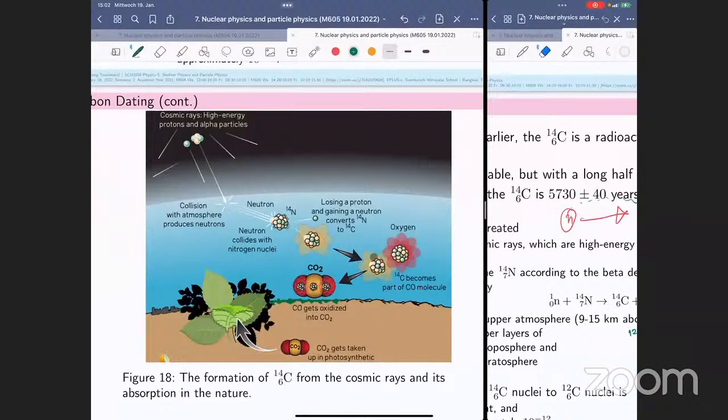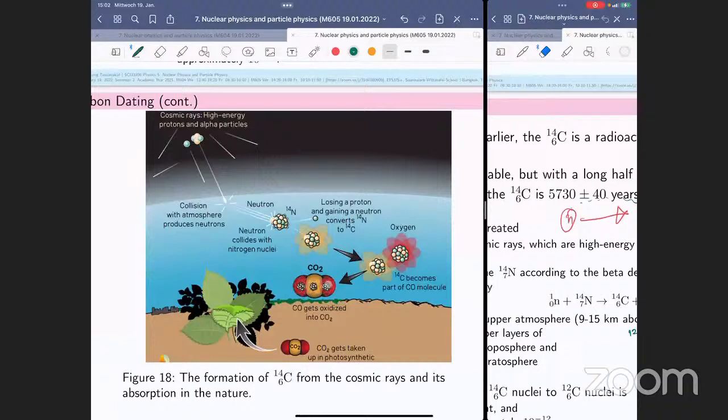Once the carbon stays inside our atmosphere, it can interact with the oxygen, right? Oxygen is another element that stays inside our atmosphere, our air. Two pieces of oxygen will bring us to carbon dioxide. They stay together by chemical bonding, right?